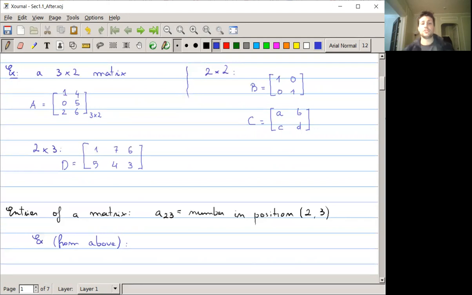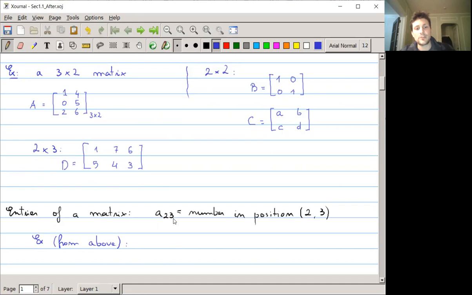Another piece of terminology that we will use and you need to be familiar with is the entry of a matrix. So you see that a matrix is an array of numbers. Each one of those numbers is called an entry. What we want to do is to be able to identify an entry precisely and univocally.